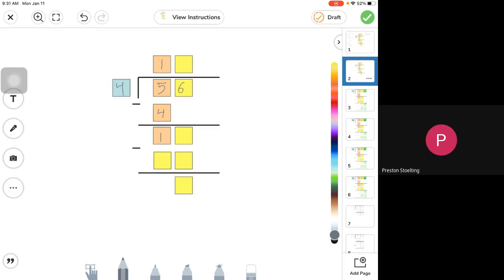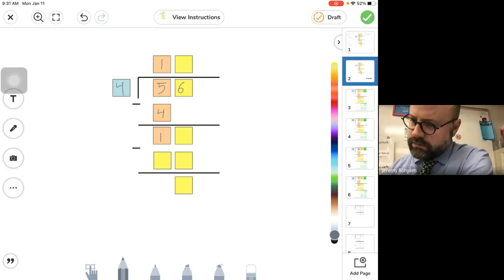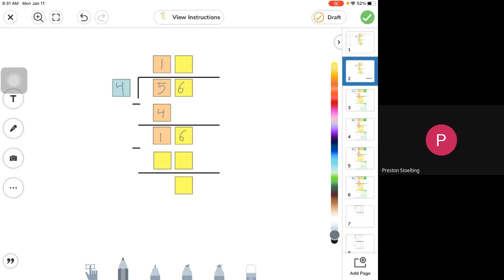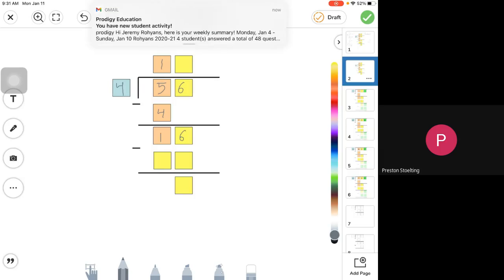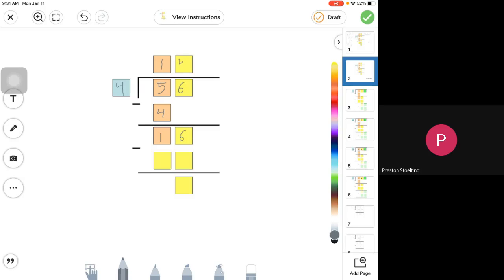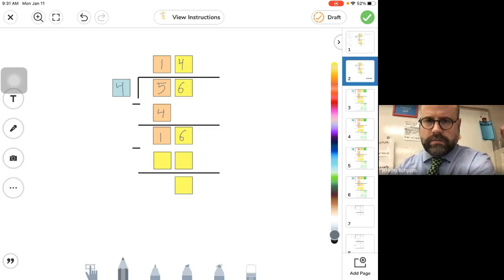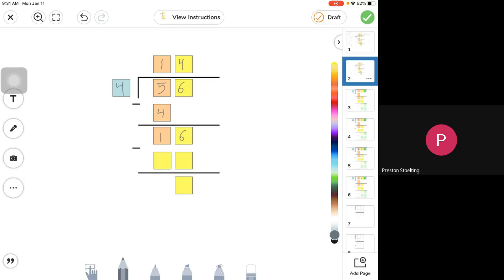So the 6 goes right next to the 1, not on top. How many times does 4 go into 16? That's 4. So put it on the top. That's 14. What's 4 times 4? That's 16. Put that right under the 16. And then 16 minus 16 is 0.